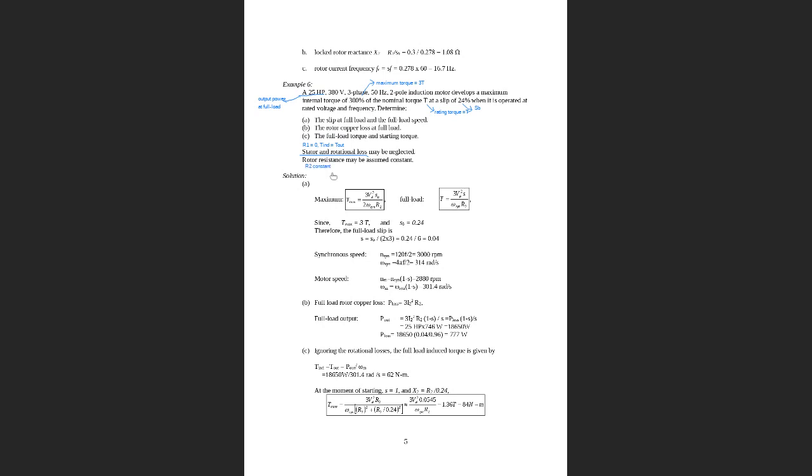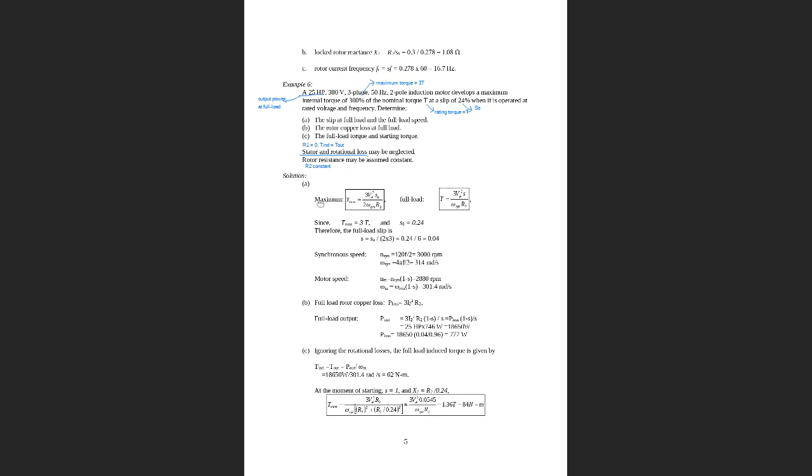Get an understanding of it. Look, this example is totally different from example 3 that we considered, which we started last week on the equivalent circuit. So based on the explanation of the question itself, let's see how to find the slip at full load and the full load speed.